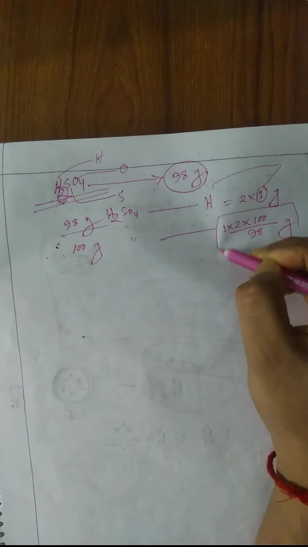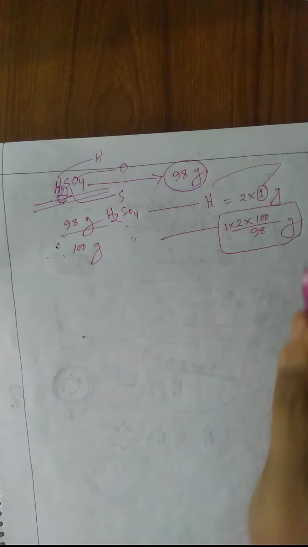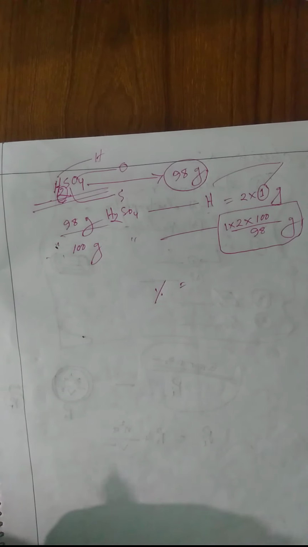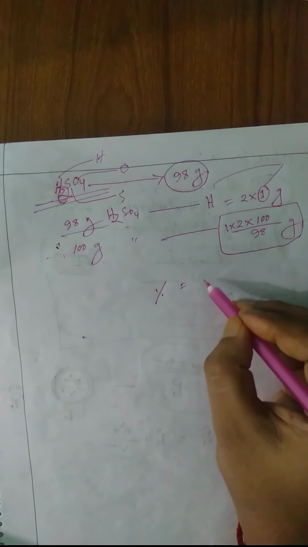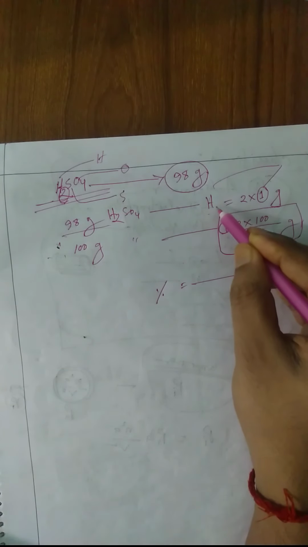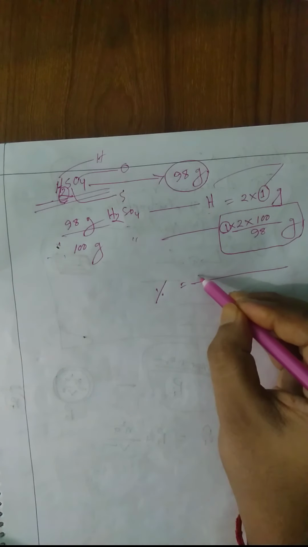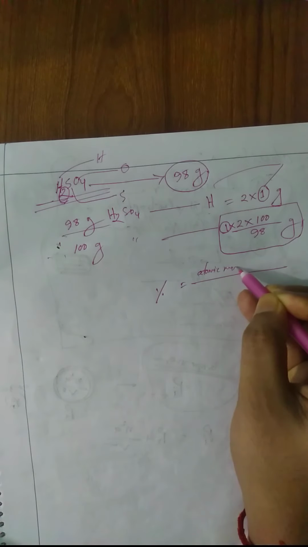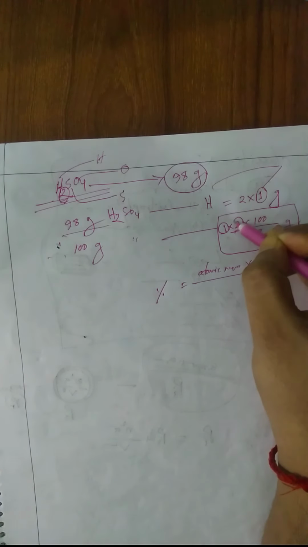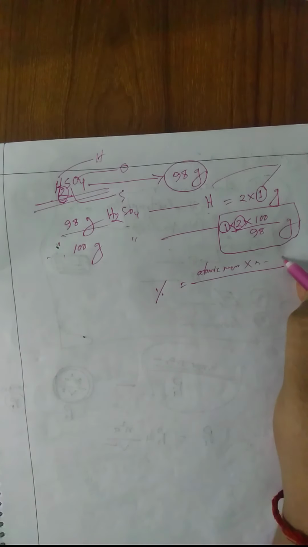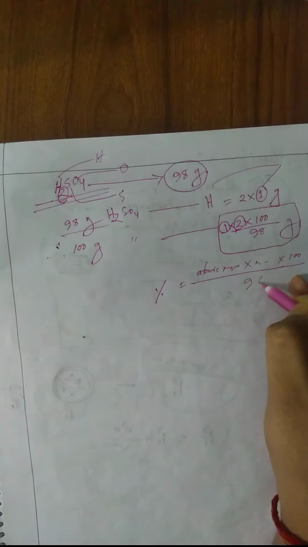Already we have this stated: percentage composition of element in compound. So 1 is the atomic mass of hydrogen, this is the number of atoms, and this is 100 divided by 98.